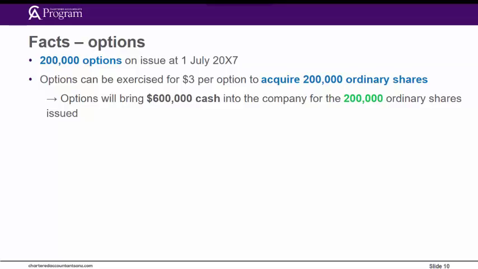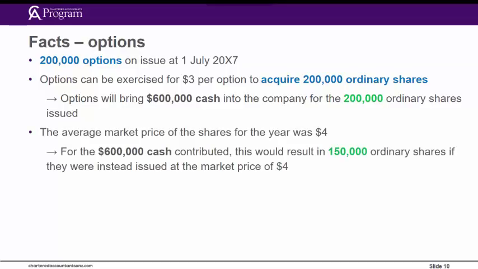So the options will bring $600,000 in cash into the company for the extra 200,000 ordinary shares that would have to be issued. The average market price of the shares for the year was $4. So if instead the company went to raise $600,000 in cash on the market, then at that average share price of $4 for the year, the company would only have to issue 150,000 ordinary shares.